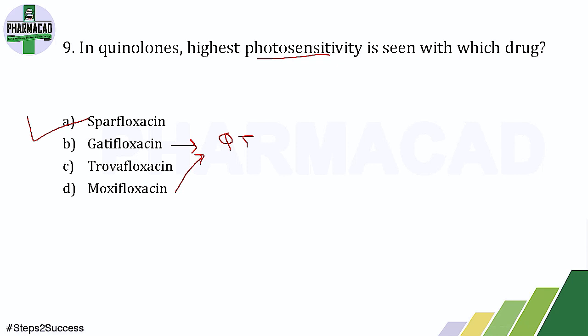However, trovafloxacin will give you the broadest spectrum of activity. So remember this: trovafloxacin is responsible for broadest spectrum of activity, sparfloxacin for photosensitivity, and gati, moxi and sparfloxacin are also responsible for QT prolongation, that is torsade de pointes.